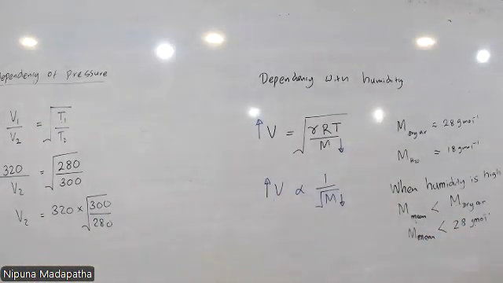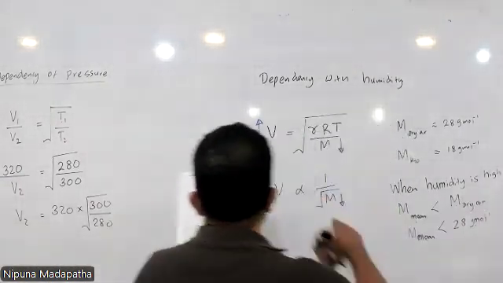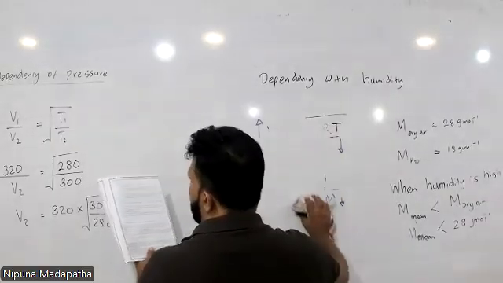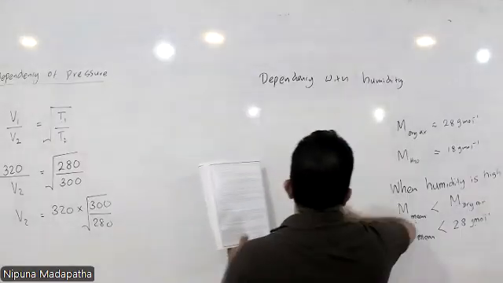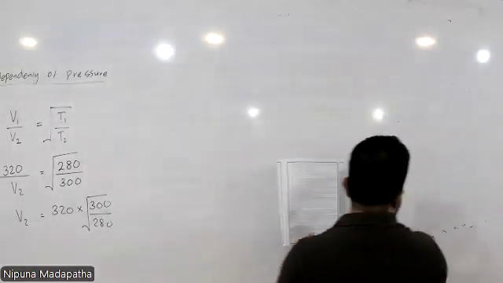Second question again. What should be the temperature for the speed of sound in hydrogen gas to be the same as the speed of sound produced in oxygen at 727?